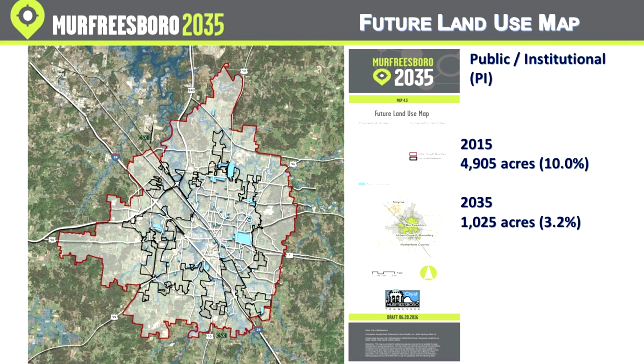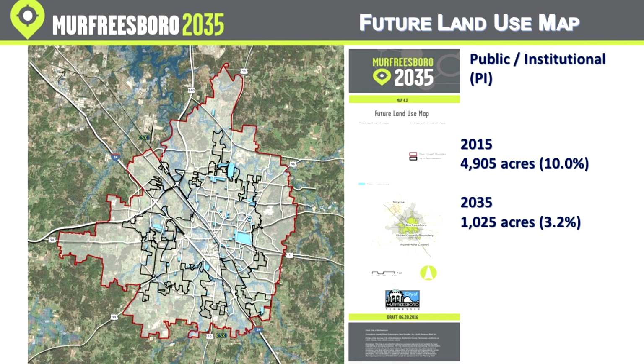Public institutional, this is a little bit of a reach here. In base year 2015, we have a little over 4,900 acres of public institutional. We know based on our analyses in Chapter 2 that we're going to need a little over 1,000 acres of additional schools, elementary, middle, and high schools.